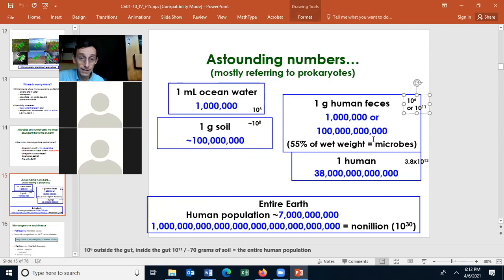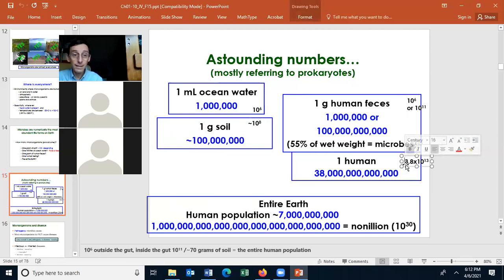And actually, 55% of the wet weight of your feces is due to microorganisms, meaning the majority of your fecal matter is microorganisms. A human has 3.8 times 10 to the 13th microorganisms living on or in them.